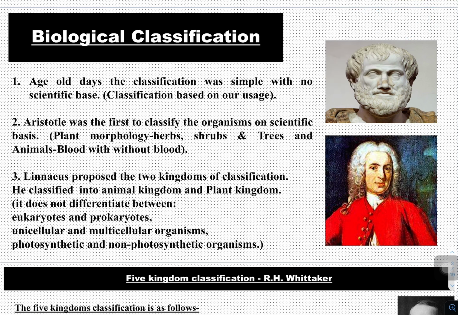Then Aristotle was the first to classify organisms on a scientific basis. He considered some scientific aspects to classify the organisms. For example, under morphology he considered herbs, shrubs, trees, based upon their habit. He classified the plants into herbs, shrubs and trees, and also classified animals into animals which have blood and animals without blood.